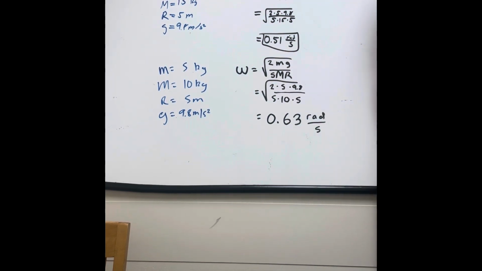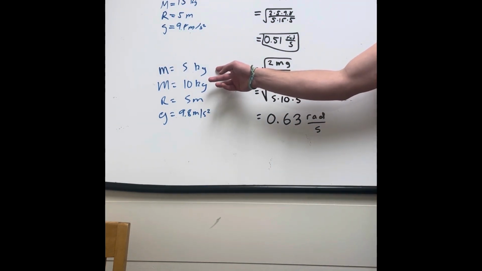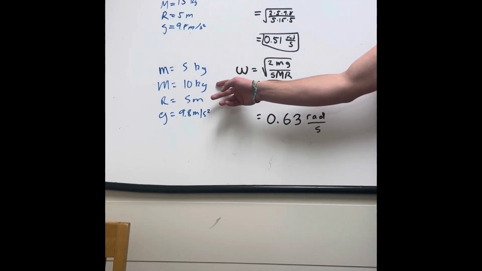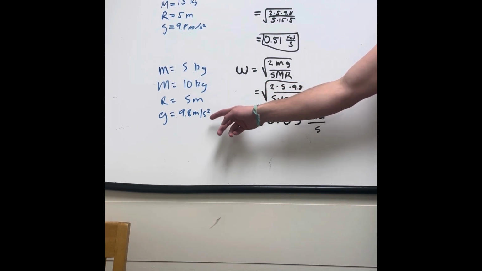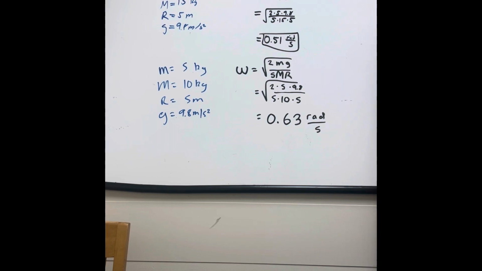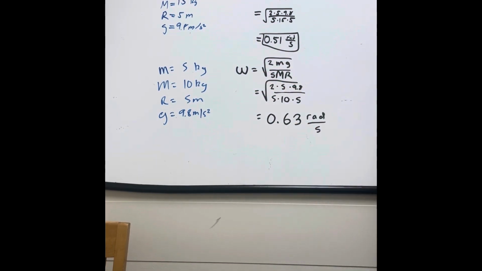In our second example, we let little m again equal 5 kilograms, but we decrease big M to 10 kilograms. We let the radius equal 5 meters again, and gravity is again 9.8. When we plug all those values into our angular velocity formula, we get 0.63 radians per second.